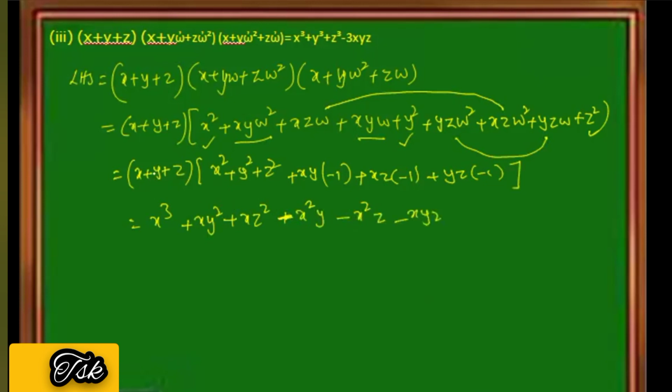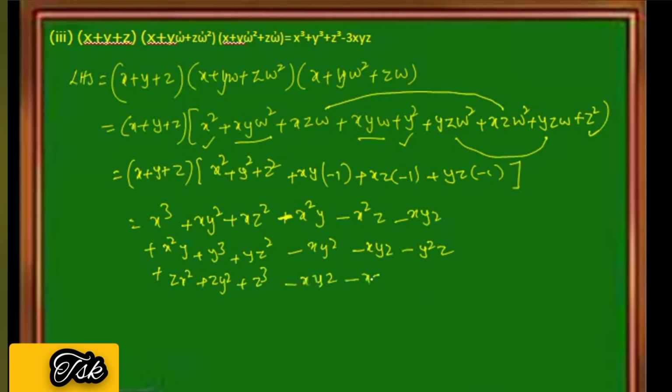I multiplied with x; now multiply with y: x square y, y cube, yz square, minus xy square, minus xyz, minus y square z. Next, again, multiply with z: zx square, zy square, z cube, minus xyz, minus xz square, minus yz square.